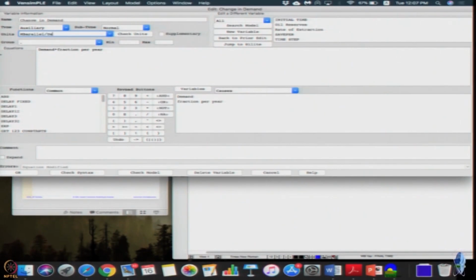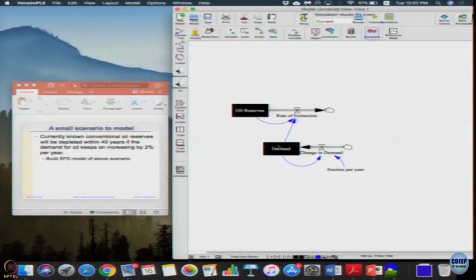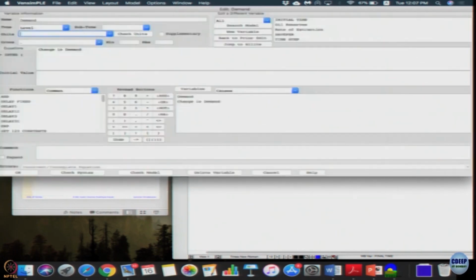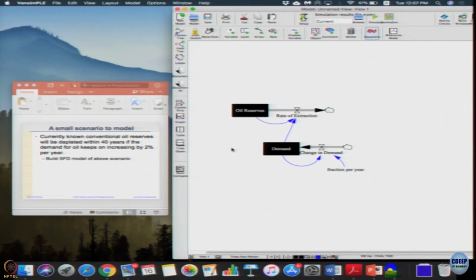Million barrel per year. Demand is million barrel per year. Initial value I do not know, let us come to that.